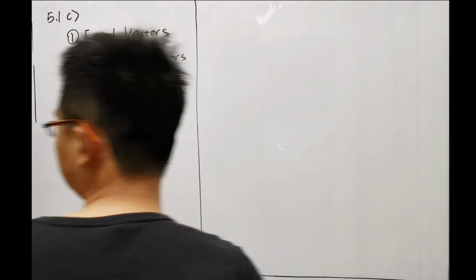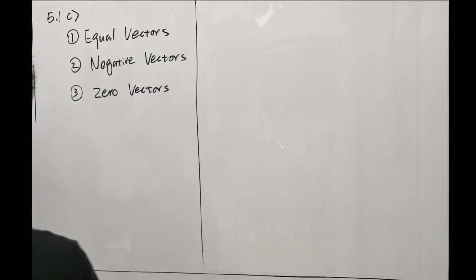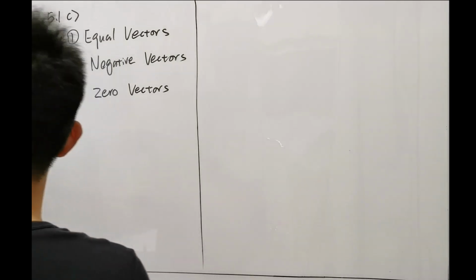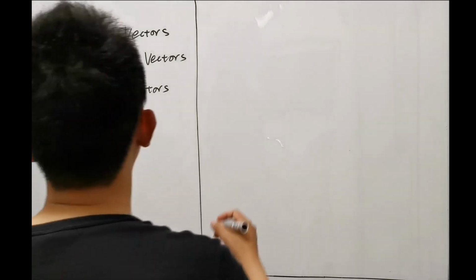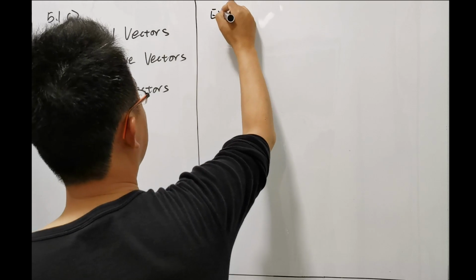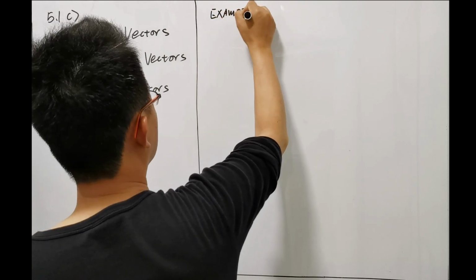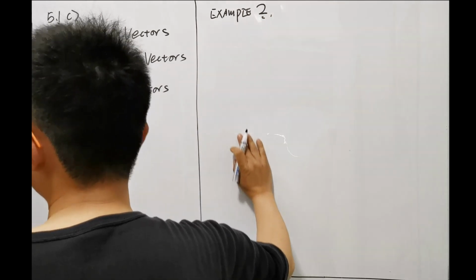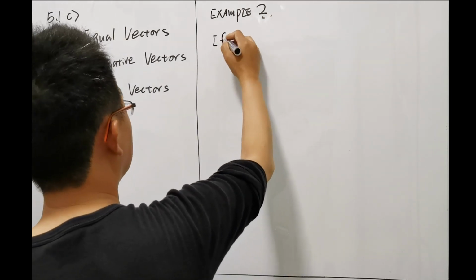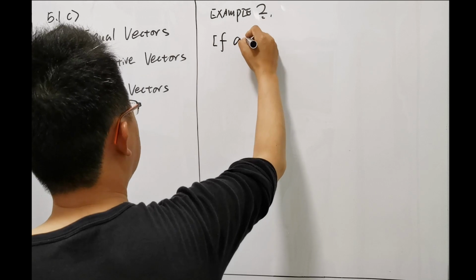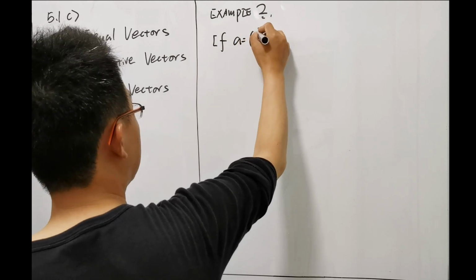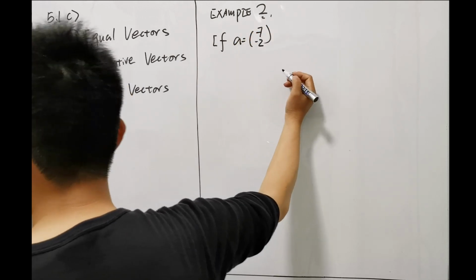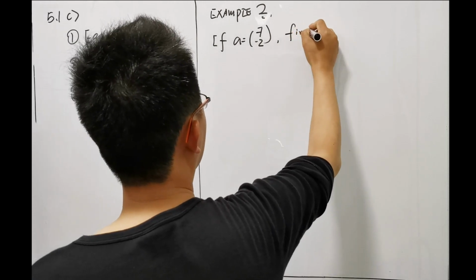Alright, let's move on to example 2. Let's look at the example. In this example 2 we have this question. If A equals (7, -2), find the following.